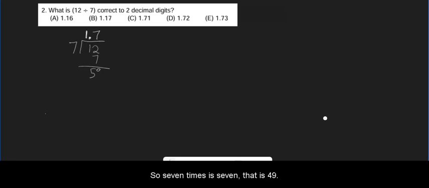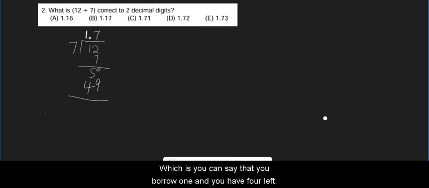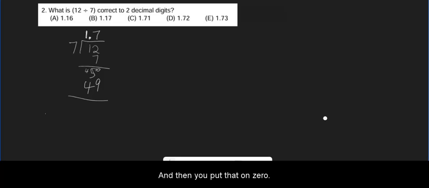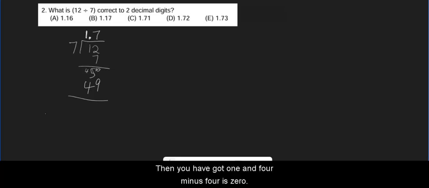So 7 times 7, that is 49. Okay, so 50 minus 49, which is, you can say that you borrow 1 and you have 4 left, and then the 0 becomes 10. 10 minus 9, then you have got 1, and 4 minus 4 is 0.